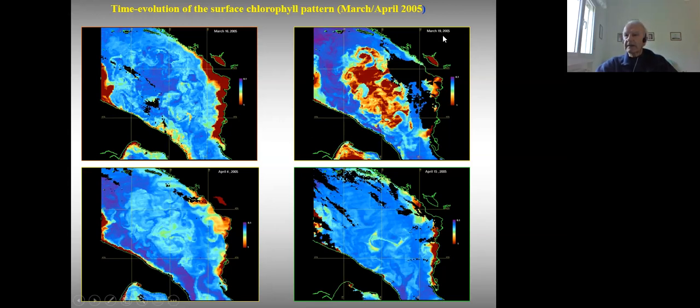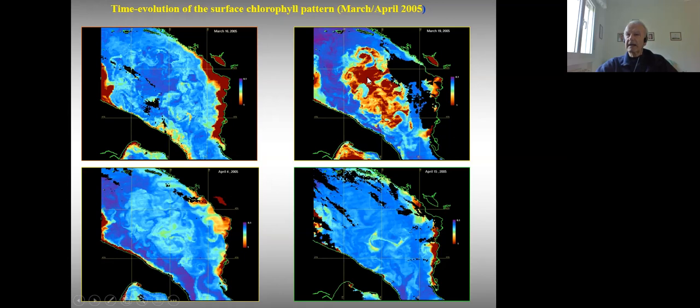When you look at the next image, it looks like a negative of the previous one. You see that this patch, which corresponds in form to the bluish one, is now reddish, but here the concentration is much higher than it is there.